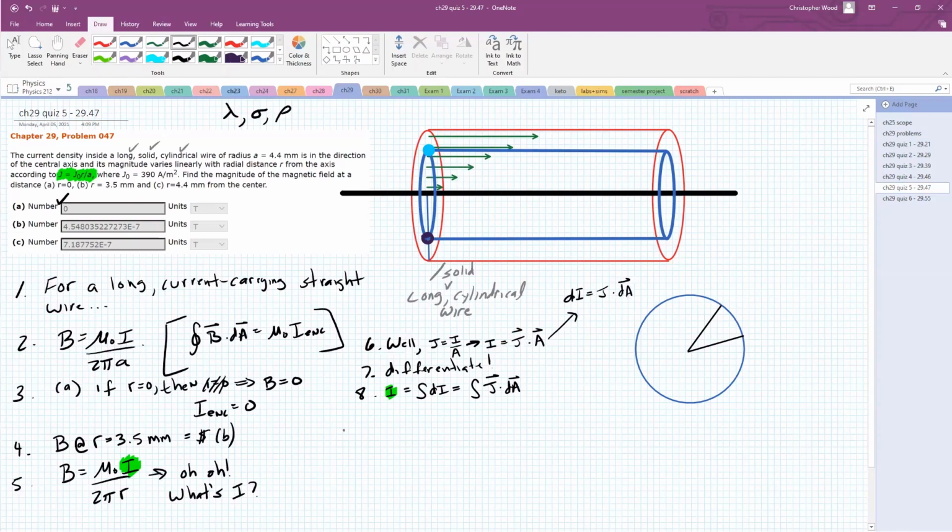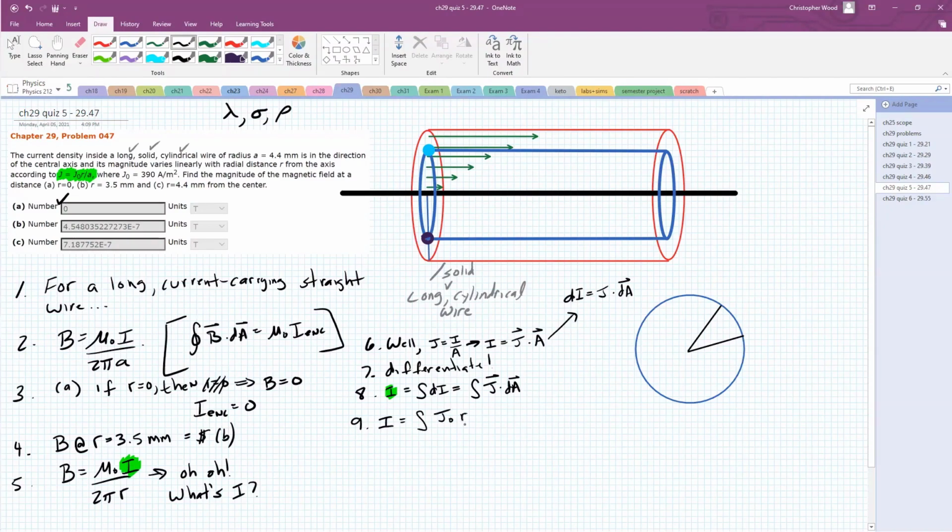Okay. So let's get the total amount of current that's flowing from the point of view of Probert, who is standing at a distance 3.5 millimeters away. So number 9. The I that's creating the magnetic field at Probert's position is the integral of J, and J is some constant, J naught r over a, I'm just looking at the problem statement.